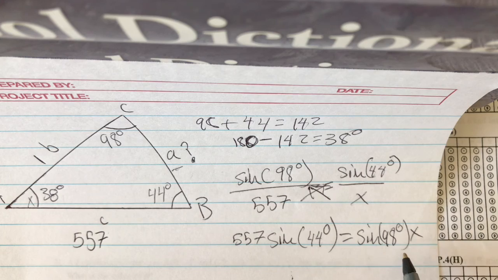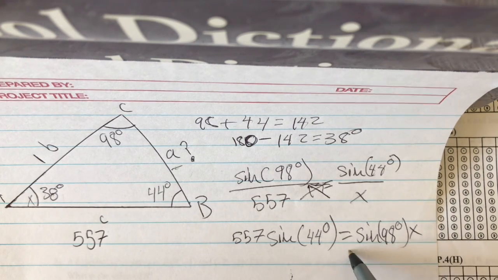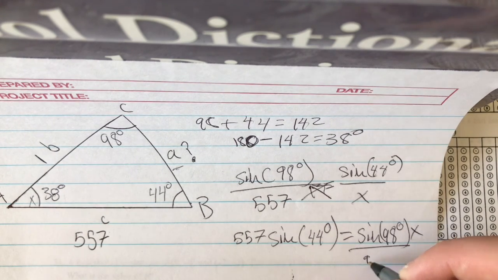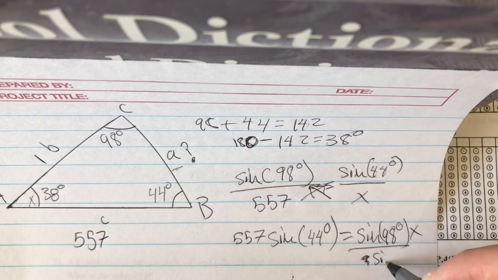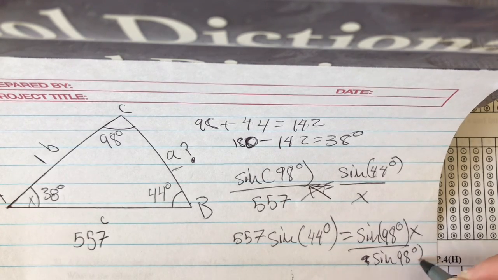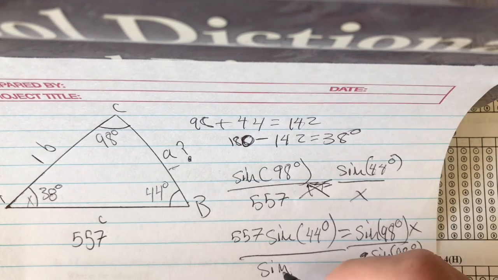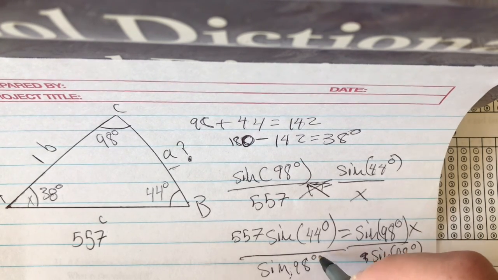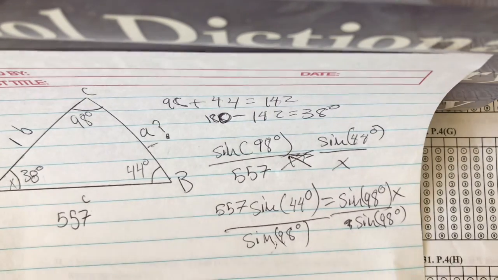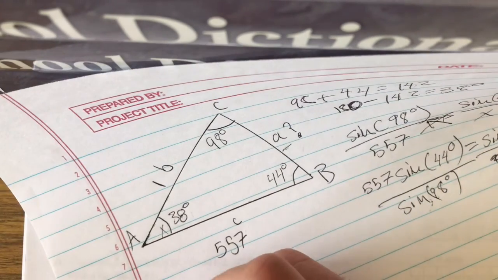Now we want to get x by itself, so we divide sine 98 from both sides. That's what we'll get.